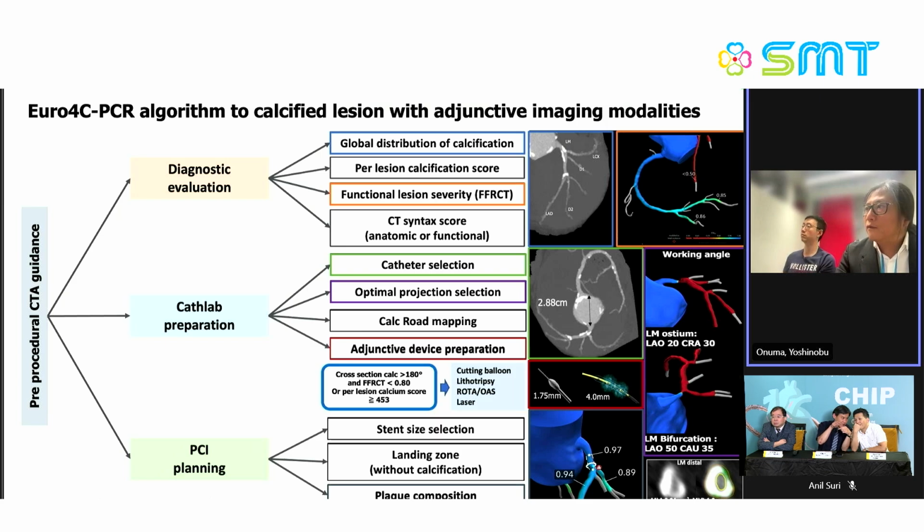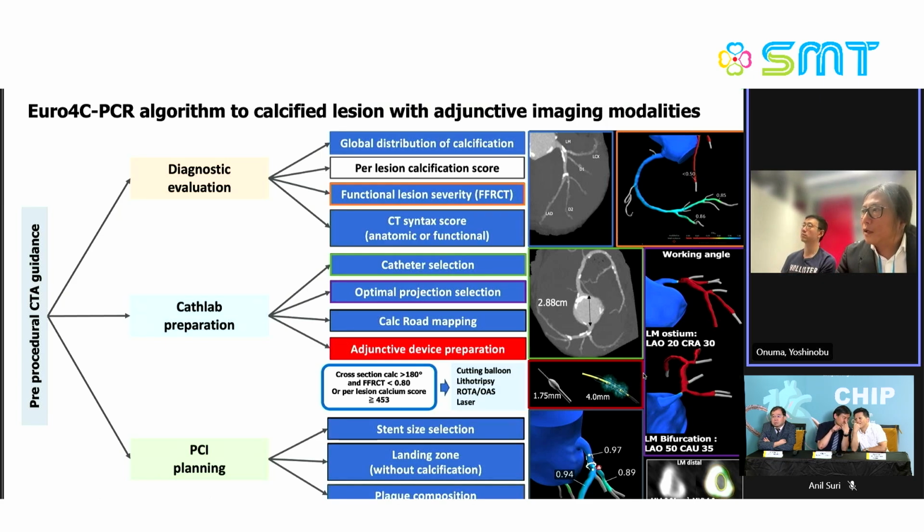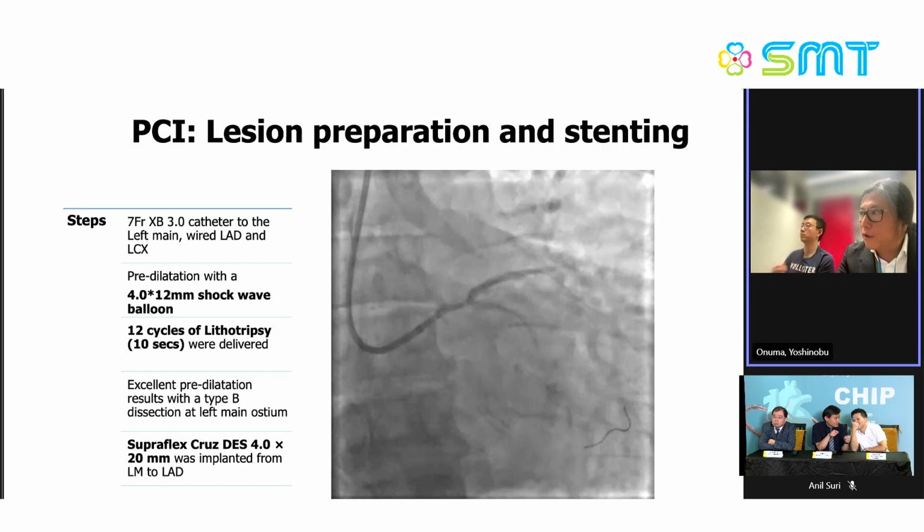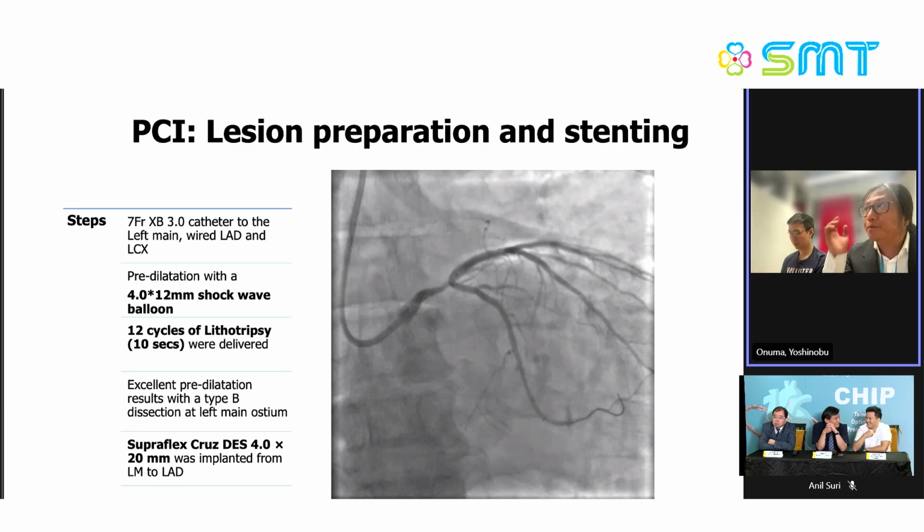So this is just the same scheme. In this case, we have all the information, and this cross-sectional calcium information requires us to be prepared for the adjunctive device preparation. And in this case, we decided to use lithotripsy as the first primary mode of device choice for the adjunctive therapy for the calcium modification.